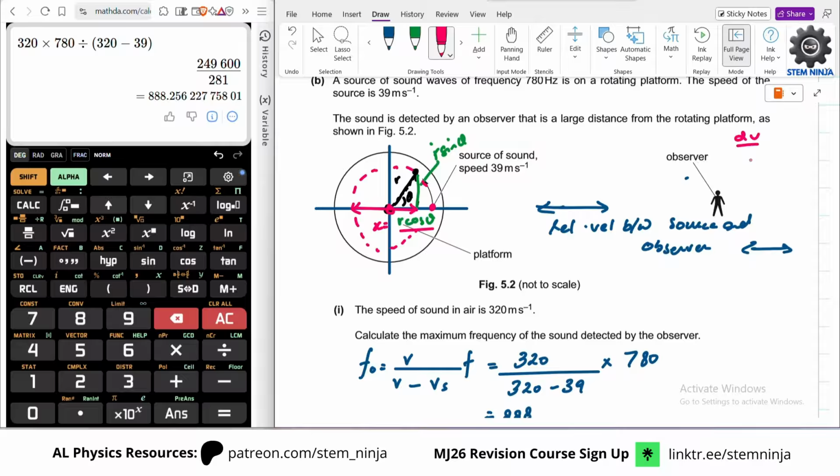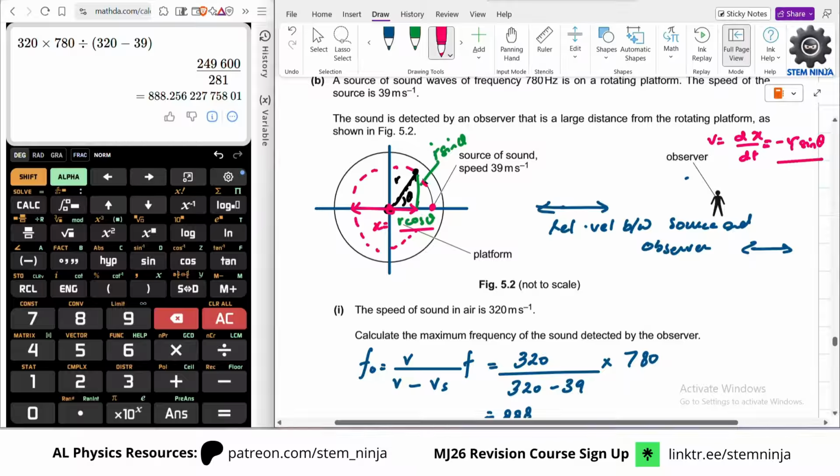If this is the displacement x, we know we are interested in velocity. Velocity is the derivative of displacement. The derivative of cosine is, as we already know, minus sine theta. So technically it would be minus r sine theta.